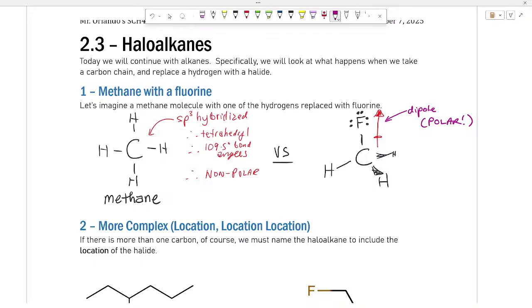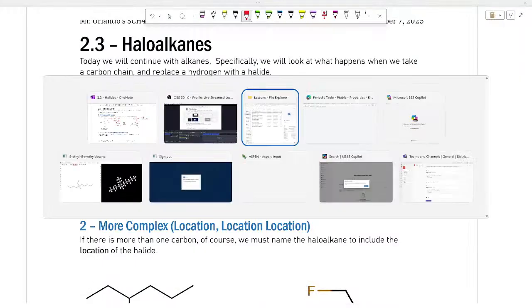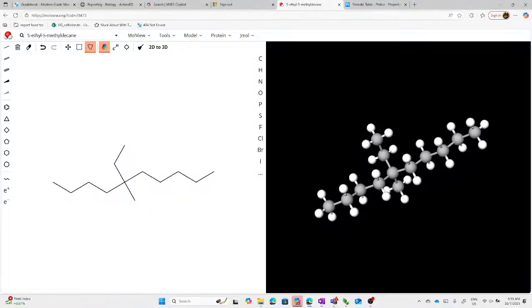Yeah, because we have a dipole here, and even if we do have dipoles here, and we'd have tiny little ones, I've drawn them backwards, the dipole would actually point the other way, but whatever, it doesn't matter. Those tiny little dipoles are not remotely comparable to that, right? If we go to mole view, you're going to see that the carbon-hydrogen dipole is functionally nothing, but the carbon-fluorine dipole is substantial.